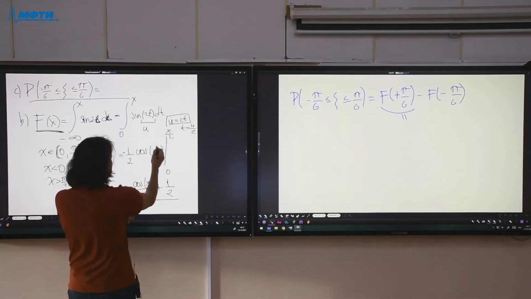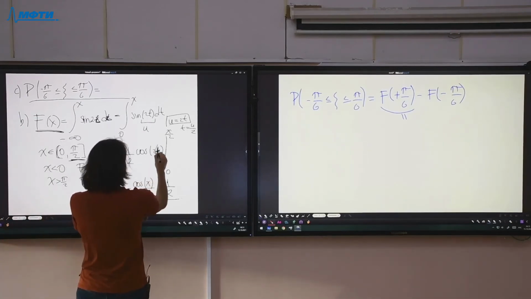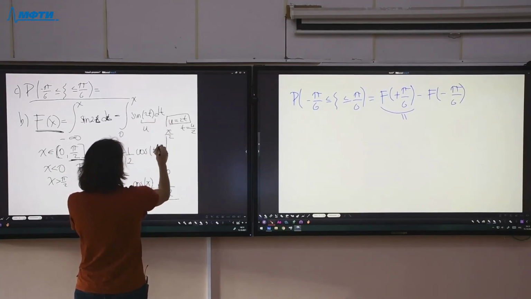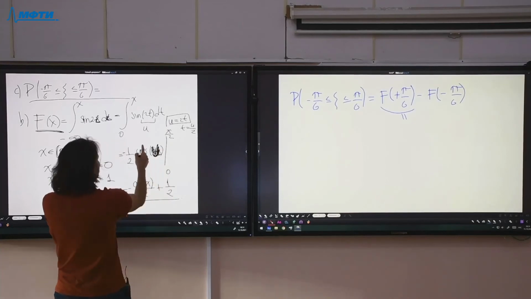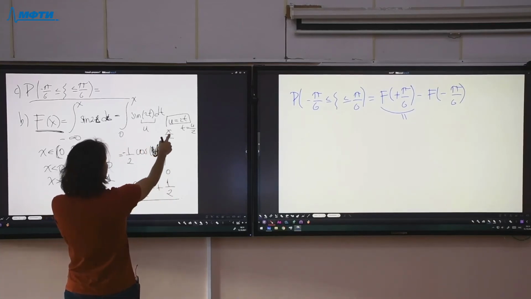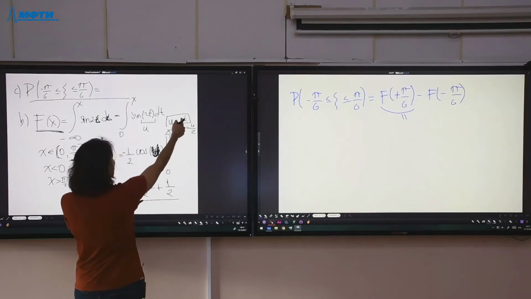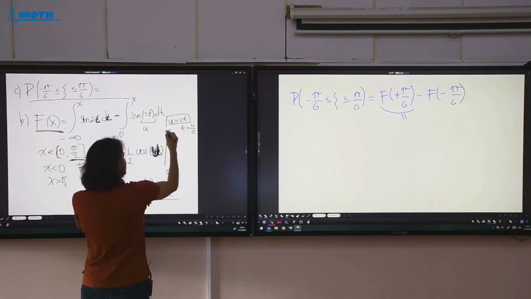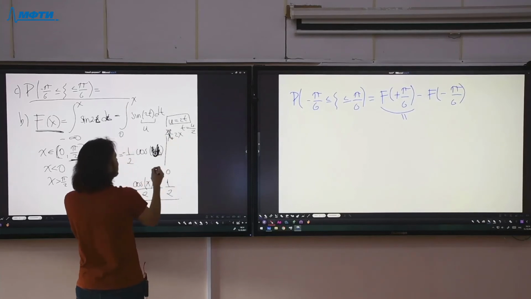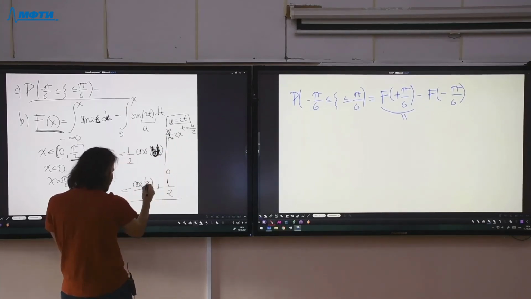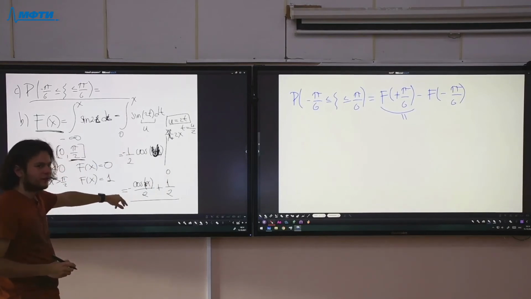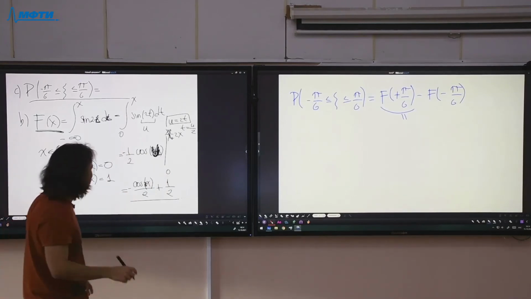Wait, if this is t, okay, this is 2t. We change this by u, so this is u, right? And here is 2x. U is going to be 2x. So here is not like this, sorry, but 2x. The other way, here we get 2x. Okay? Is this what you meant before?